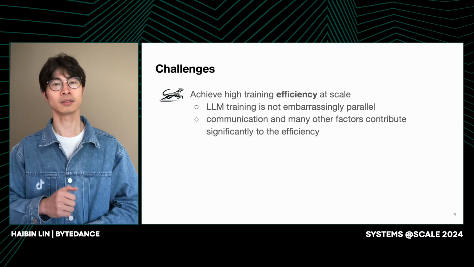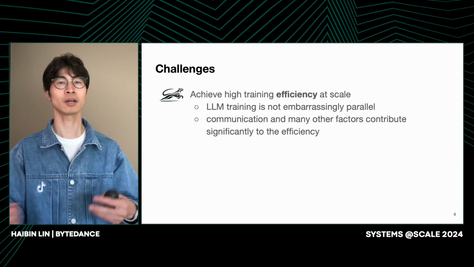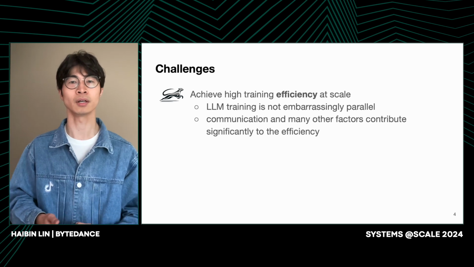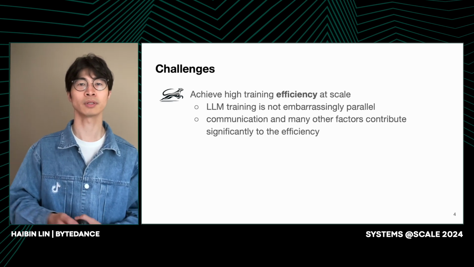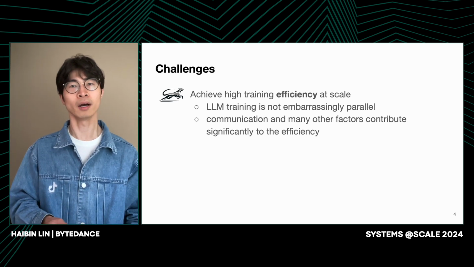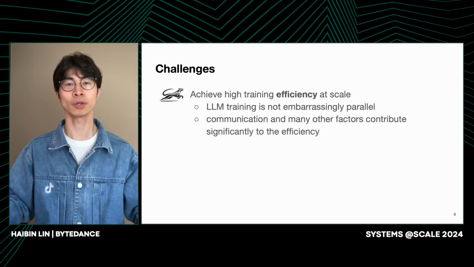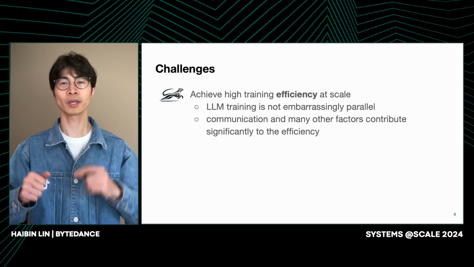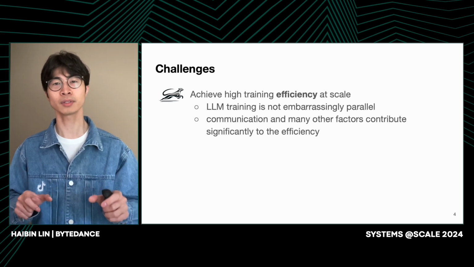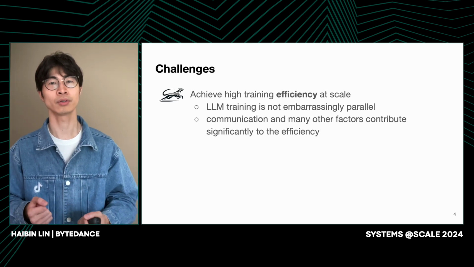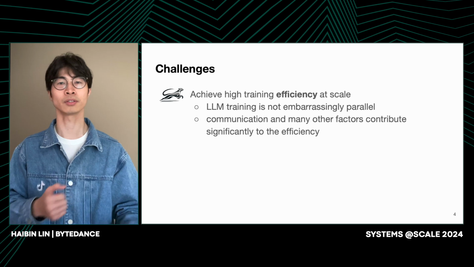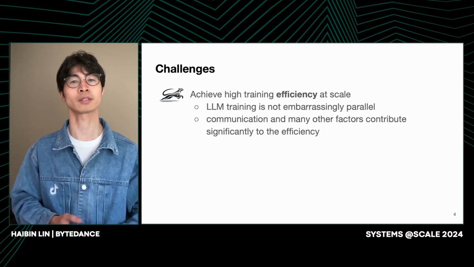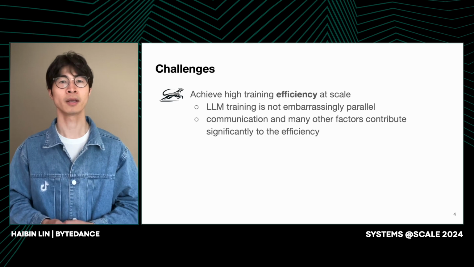On the efficiency side, language model training does synchronous updates, which is defined by the algorithm, so it's not embarrassingly parallel. On the other hand, because the model is so large, you have to shard the model across different nodes. So the communication between different nodes and even within a node could take a large fraction of the time. So it's very important to optimize this kind of communication overhead.